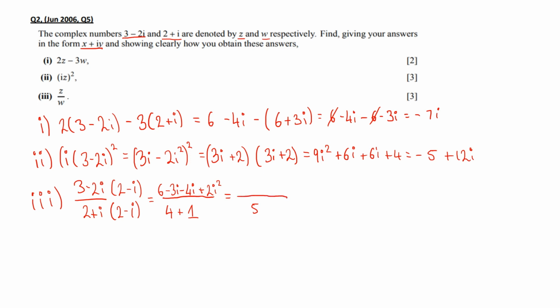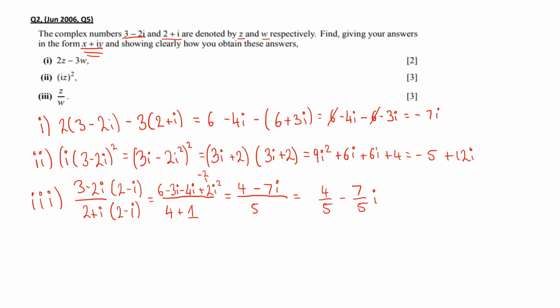Now this is minus 1, so we're going to get minus 2 there, so 6 minus 2 is 4. Minus 3i minus 4i is minus 7i. Then we want to write this in this form up here, so 4/5 minus 7/5 i.